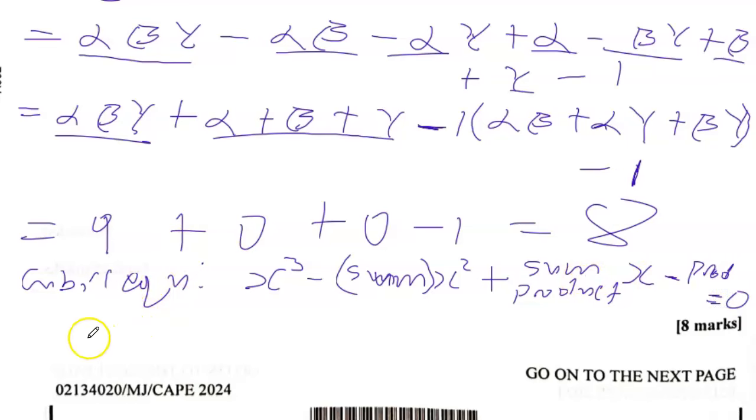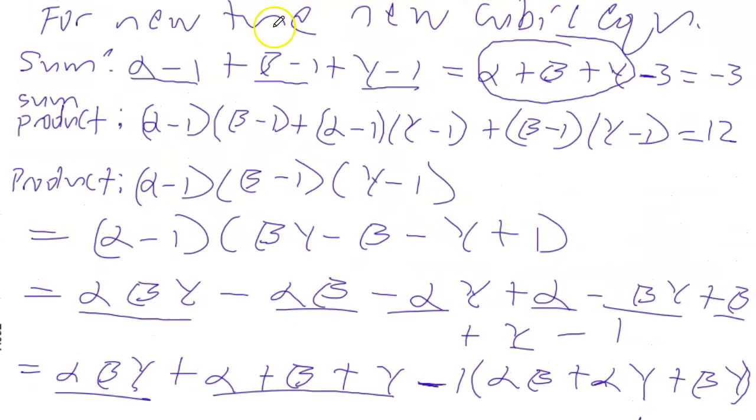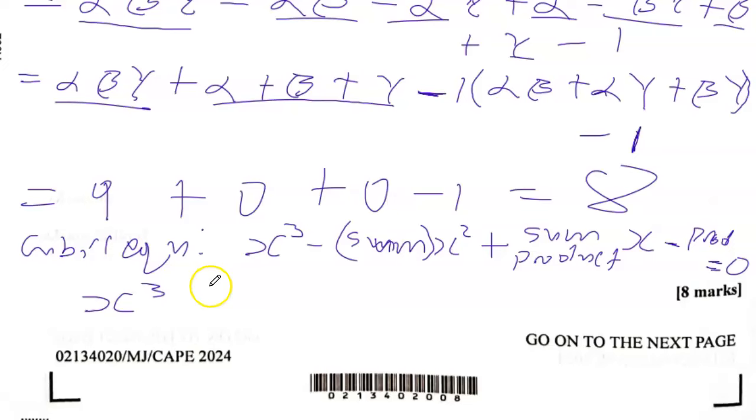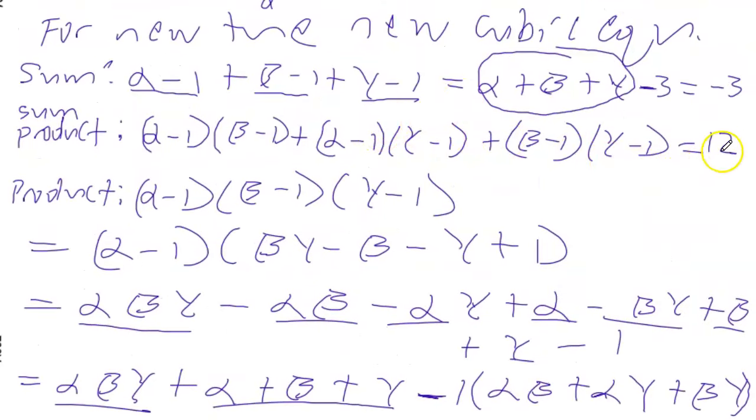Alright, so the solution is x cubed minus the sum, and for the new equation, the sum was minus 3, but it's minus the sum, so it's minus minus 3, that's positive 3, so that's positive 3x squared plus the sum product times x, and we found the sum product to be 12.